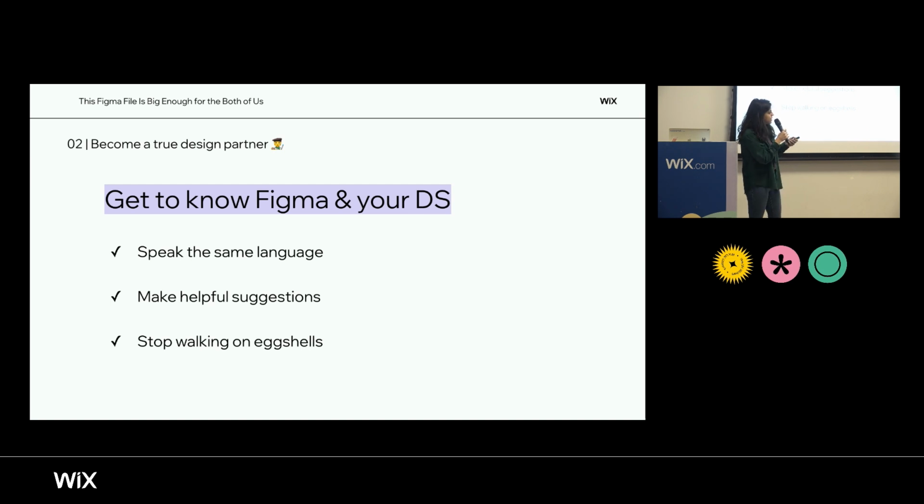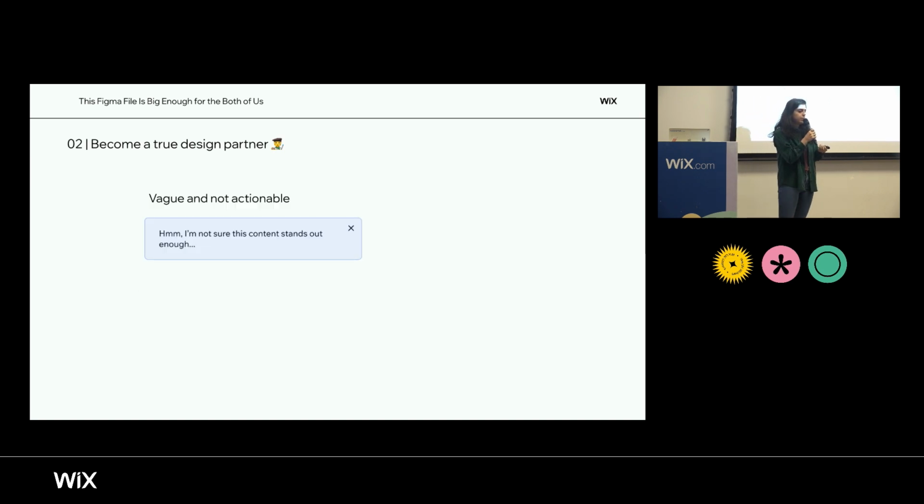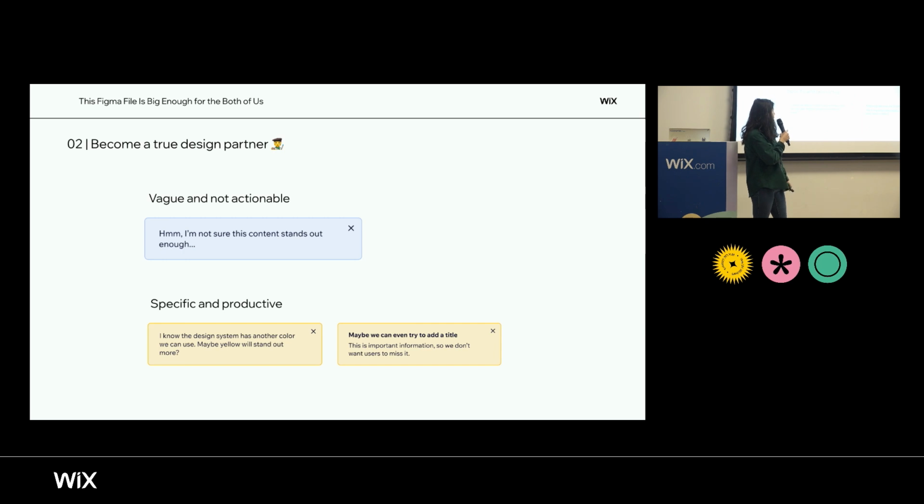And the design system is important because there's a difference between saying something like, not sure this content stands out enough, where the designer can do whatever they want with it, and they can say, oh, okay, sure, I'll look at it, I'll think about it. Or saying something like, I know that the design system has another color for this.